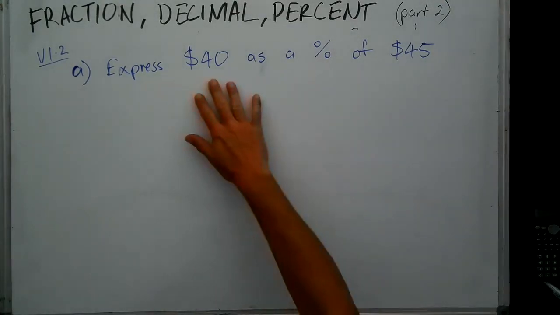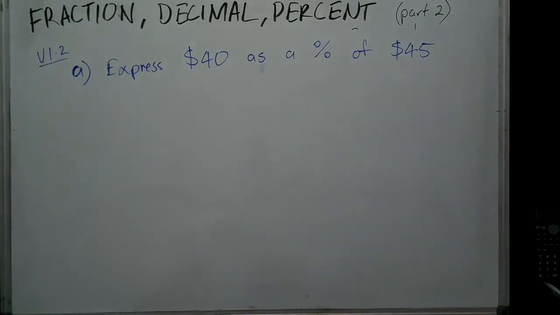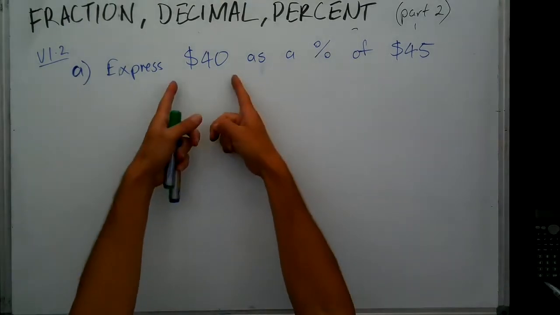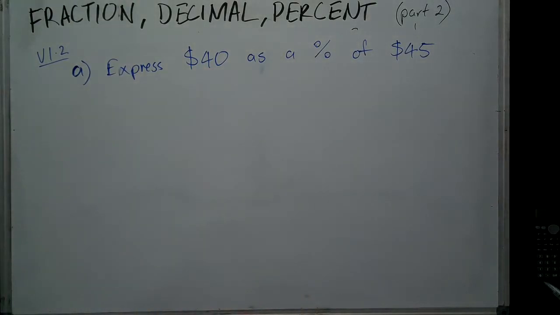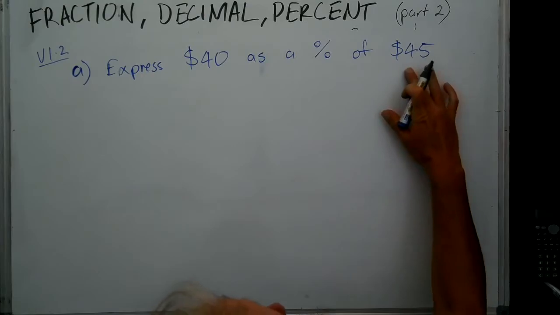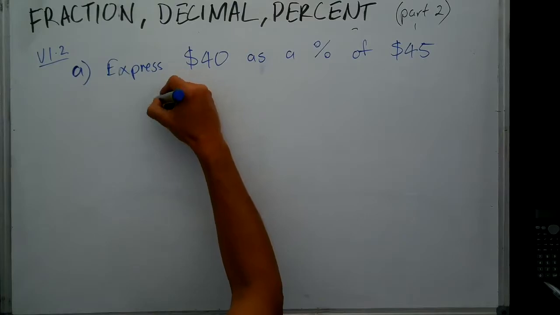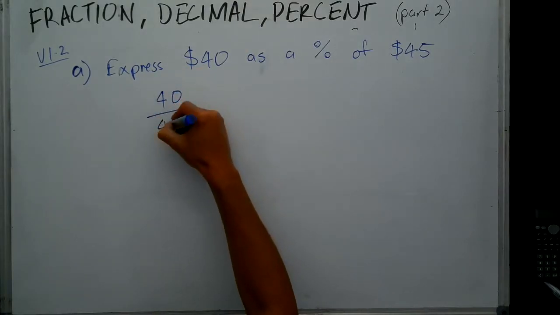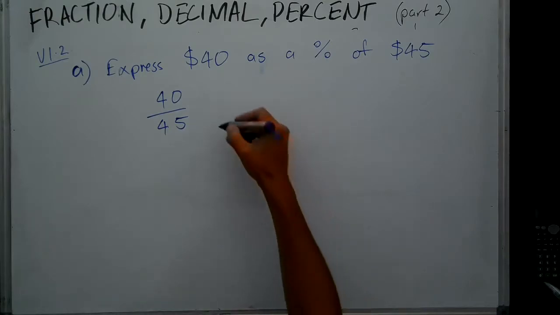So essentially what that's asking is if $45 is 100%, what proportion of this is the 40? So what we do there is we make a fraction where we treat this as the whole, say the whole pizza, and this is what we've got of the pizza. We've got 40 out of 45, but we want it as a percent. So we need to convert this to a decimal.